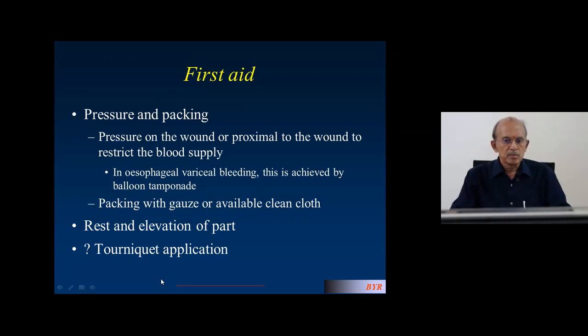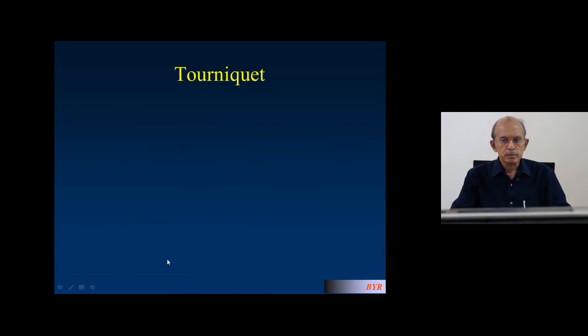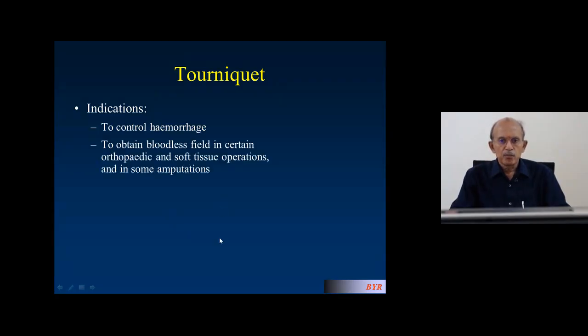Tourniquet application. This should be done only by trained personnel, not by anyone. I will tell a few words about the tourniquet. A tourniquet is indicated to control hemorrhage, to obtain a bloodless field in certain orthopedic and soft tissue operations and in some amputations.